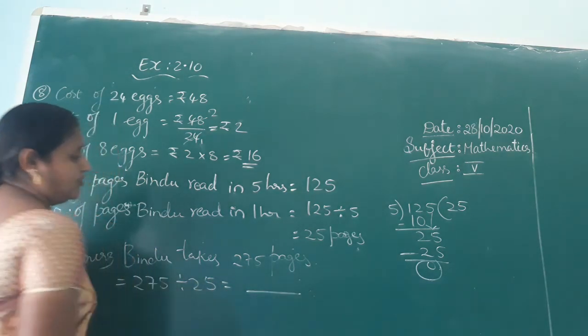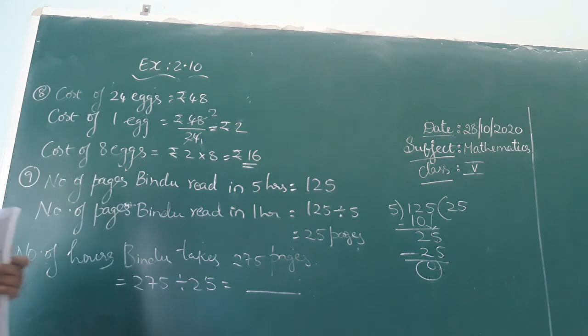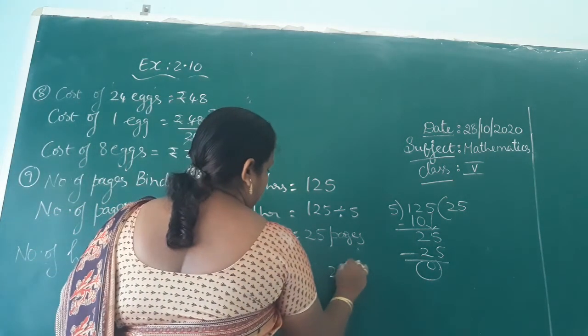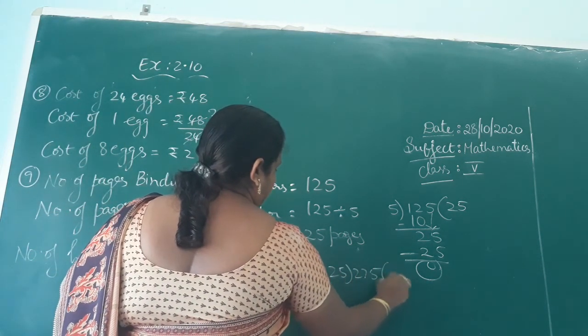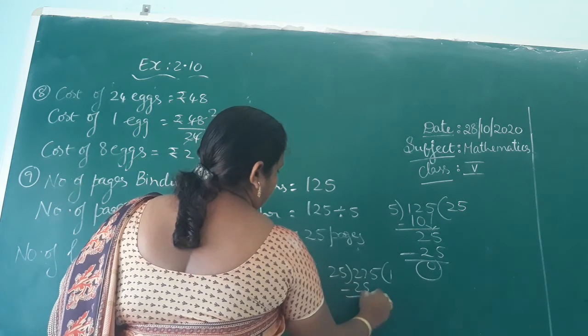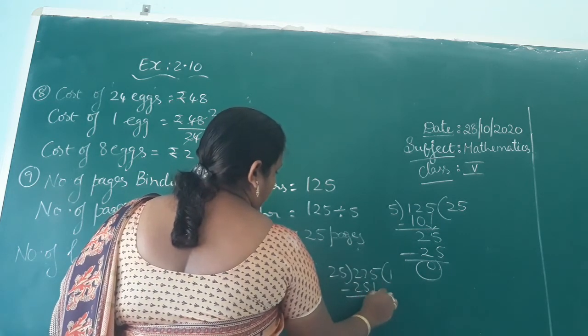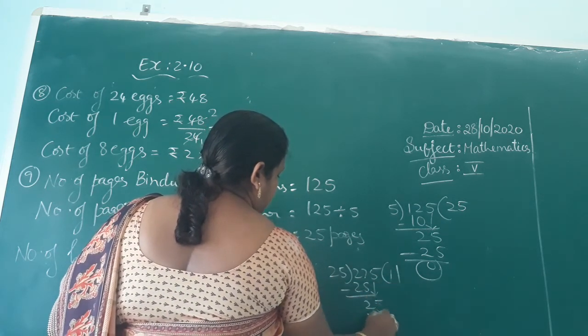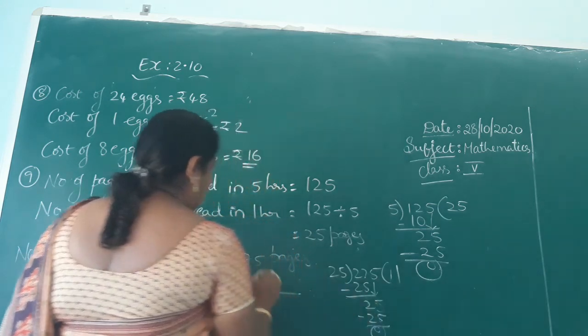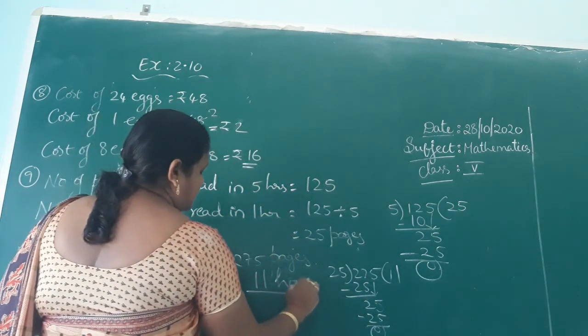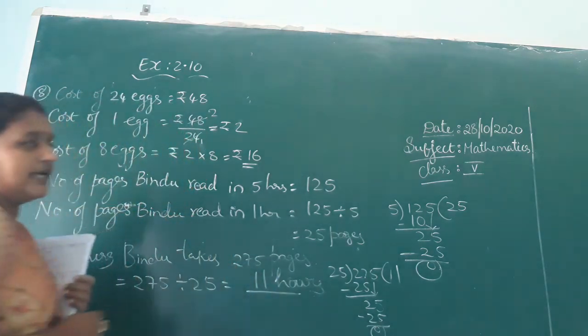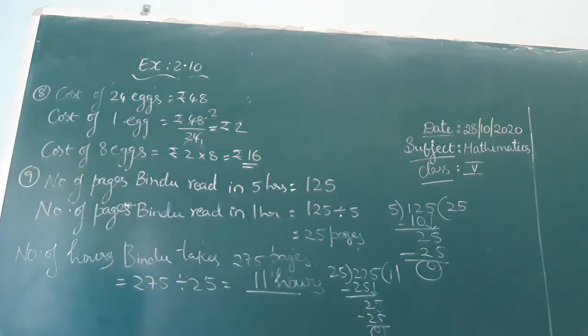Divide 275 by 25. 25 ones 25, remainder 2, drop down 5. Again 25 ones. So how many hours will she take? 11 hours she will take to read 275 pages.